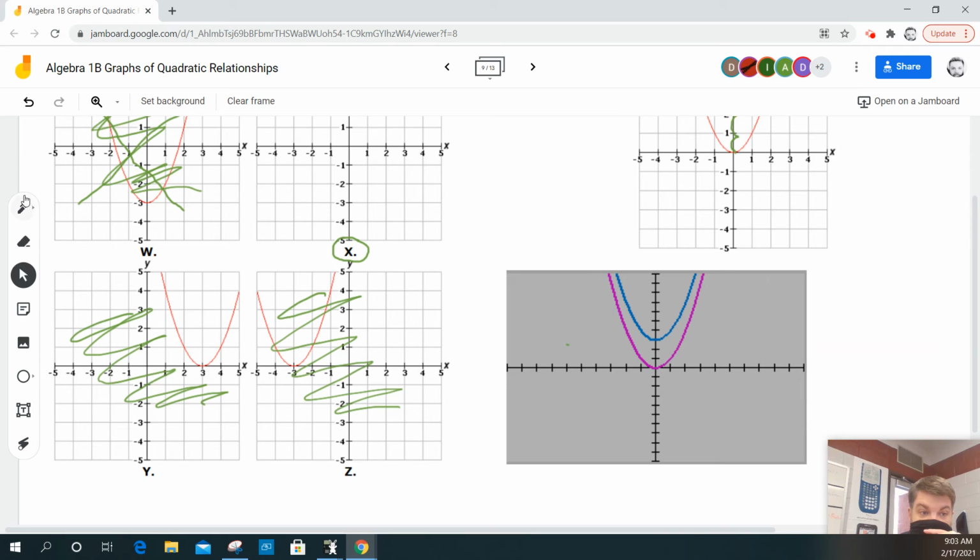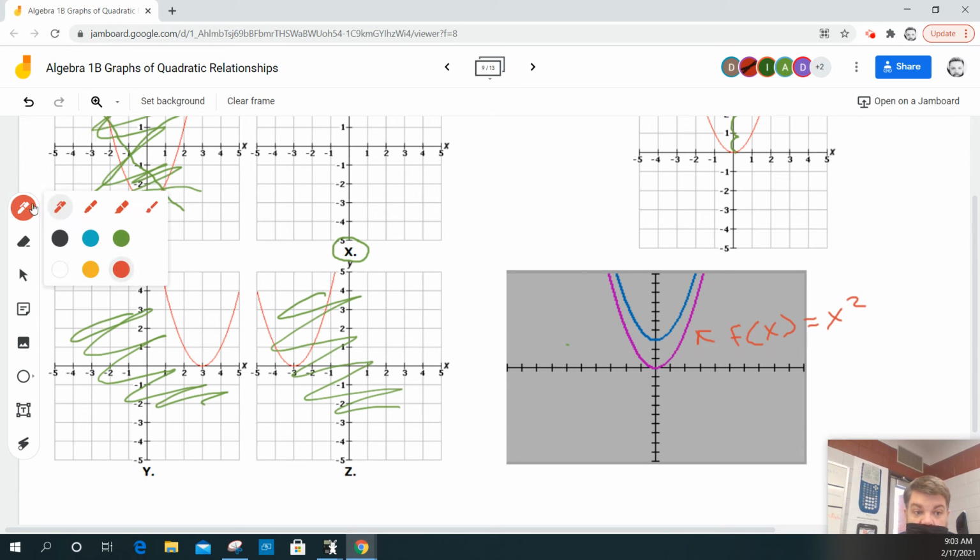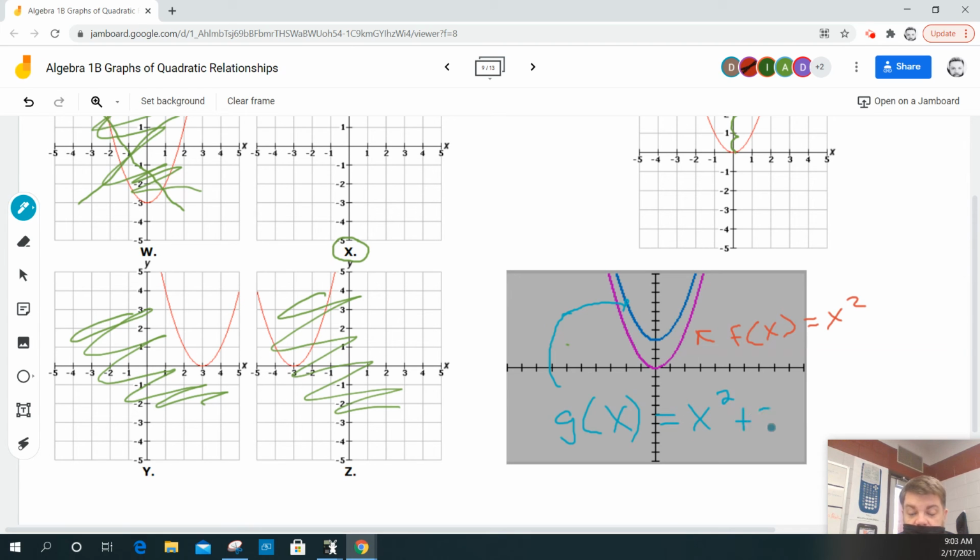What am I labeling? Well, I'm going to label that this is the parent function f of x, which is x squared. I'm going to label that this is g of x, which is x squared plus 3.